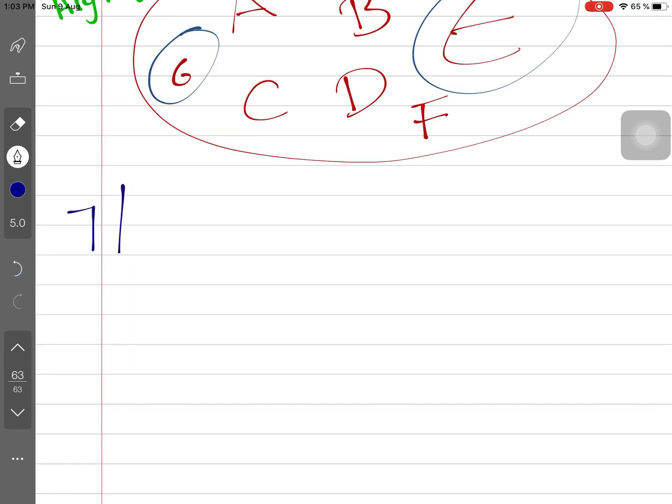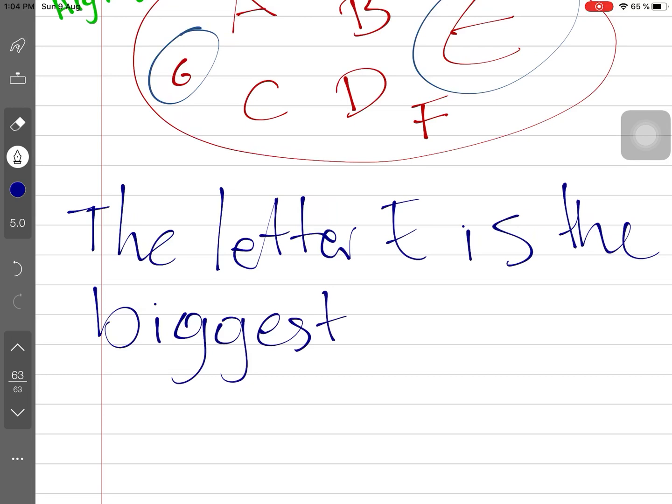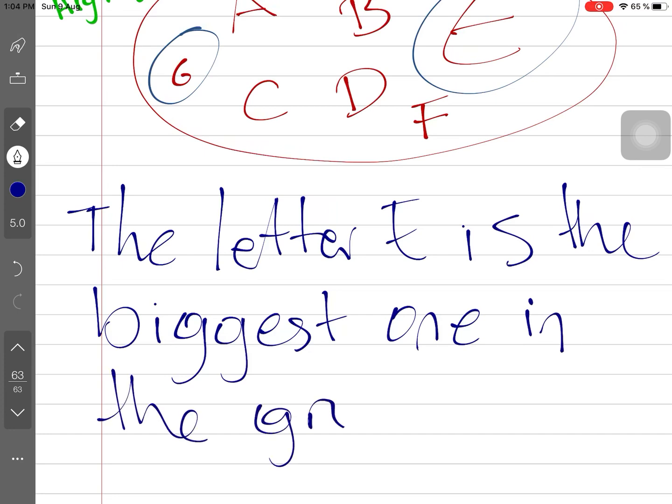The letter E is the biggest one in the group.